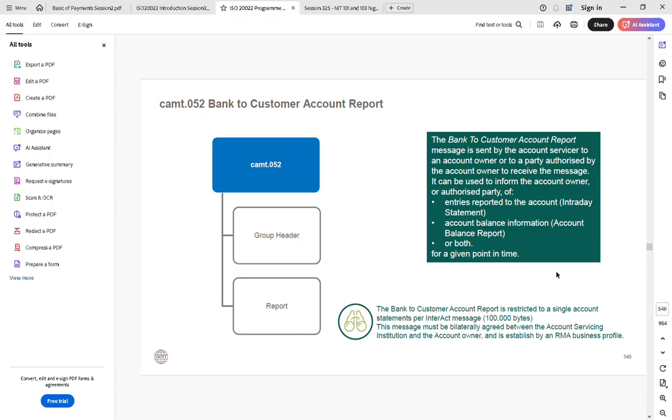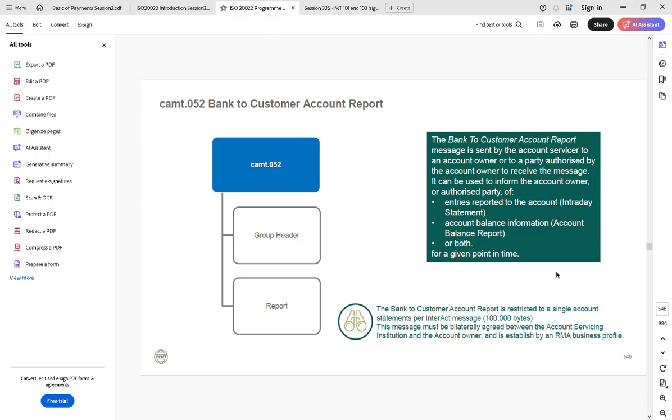The meaning is very important here. Bank to customer account report is restricted to a single account statement per message, with a maximum of 1000 byte, meaning 100 MB message, not above that.